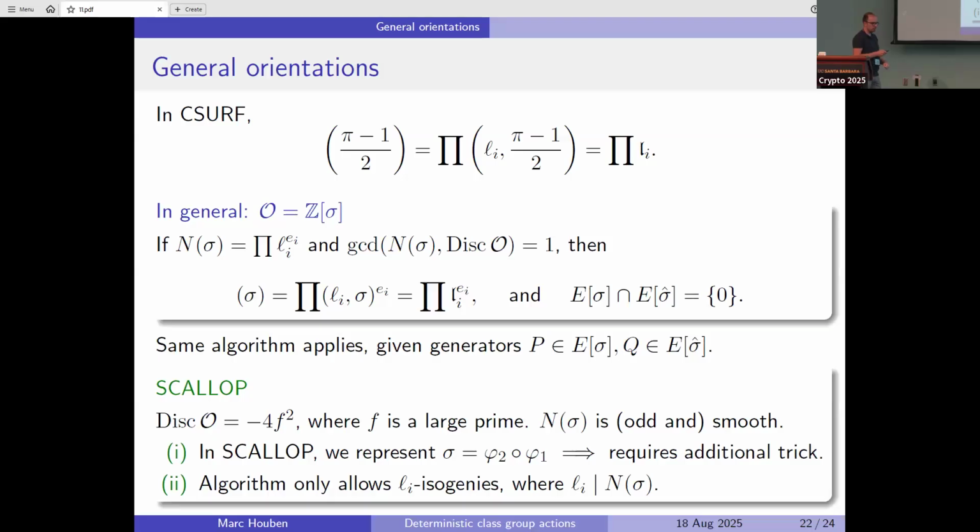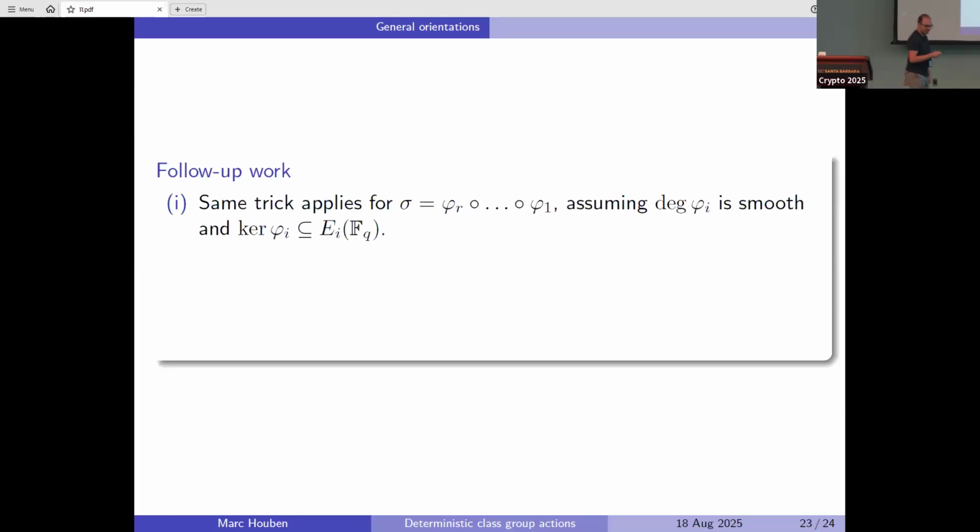Okay, maybe one quick self-promotion about some follow-up work. You can do the same thing if you have an endomorphism which is a composition of a lot of isogenies of smooth degree.